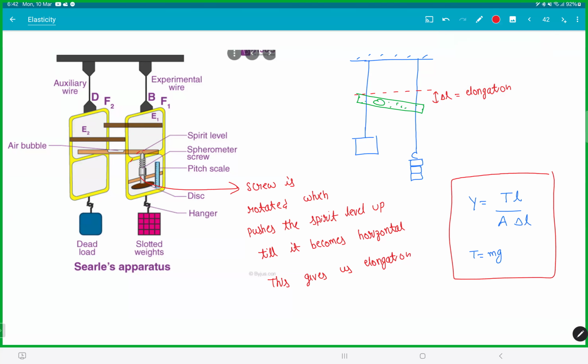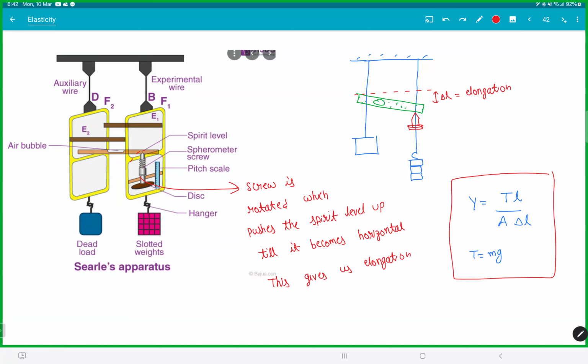Is the experiment easy? Is the experiment making sense, everyone? Got the setup? So we have two wires here. When you add the weight on the right side, the spirit bubble comes down like this. So basically the right side wire got stretched. So you have a screw here. When you rotate the screw, this thing pushes it up. You do this till it becomes horizontal. Then you know how much the screw moved from this scale.